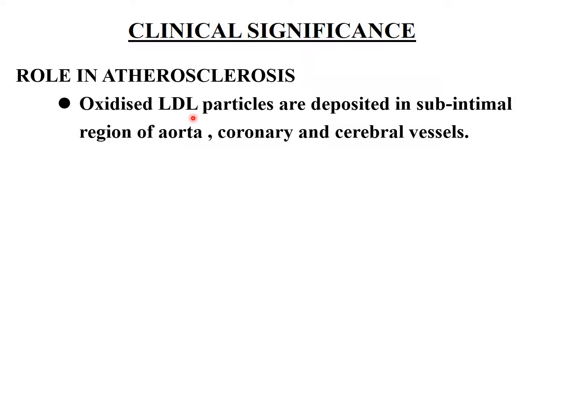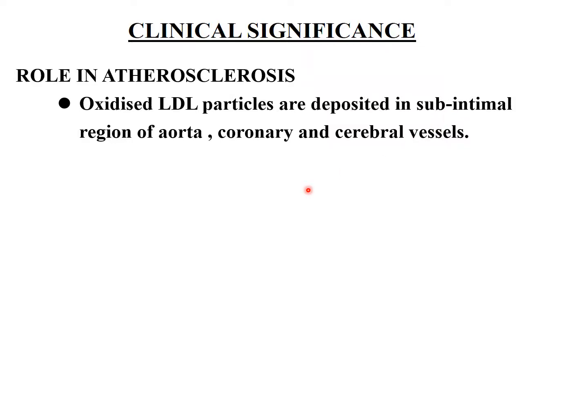So it gets stuck to the blood vessel, and then later on it travels into the subintimal layer of many large arteries such as the aorta, coronary vessels, or cerebral vessels. And once they enter into the tunica intima or subintimal layer, they start accumulating over there.